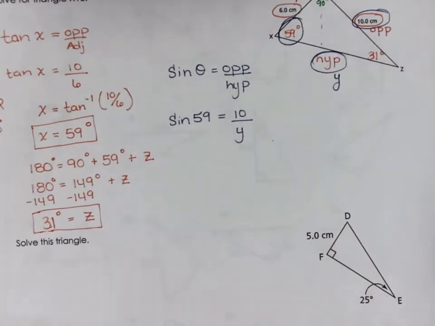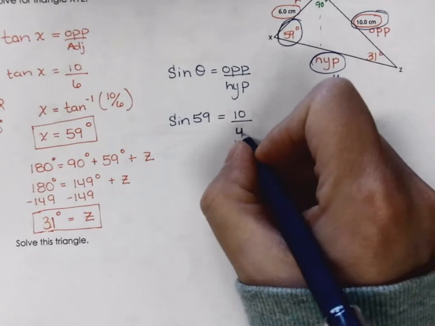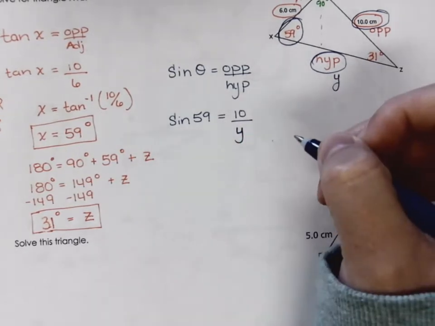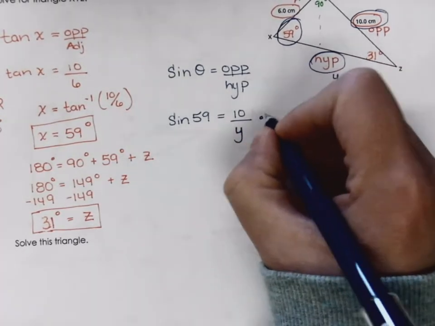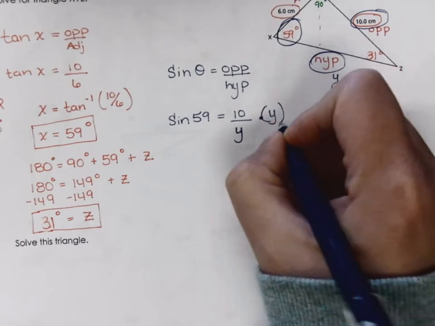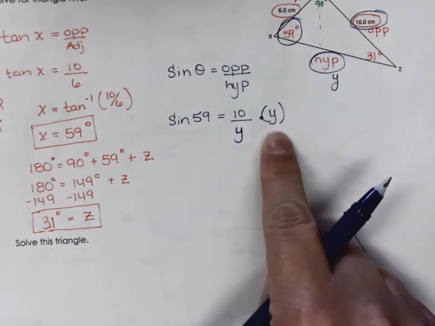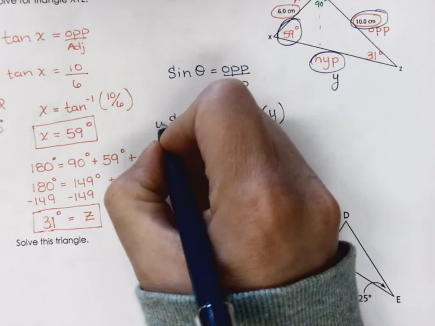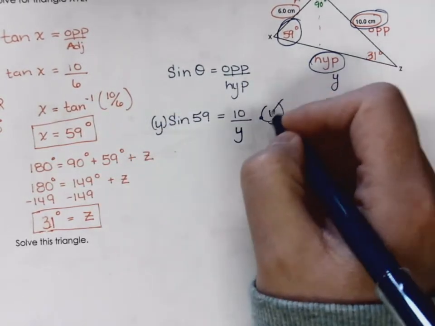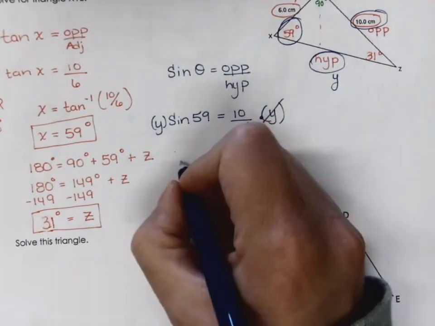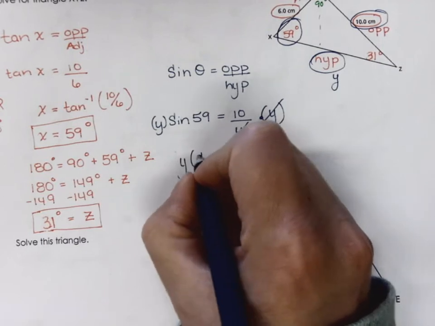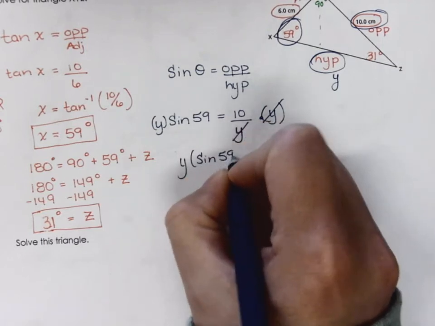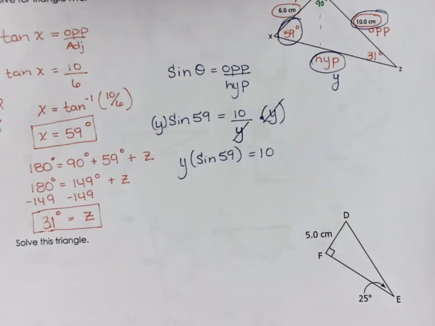So we're going to do a little bit of algebra here. Since y is dividing, the opposite of dividing by y is to multiply by y. If I multiply the right-hand side by y, I have to multiply the left-hand side by y. Those will cancel each other out, and I'm left with y times sine of 59 equals 10.